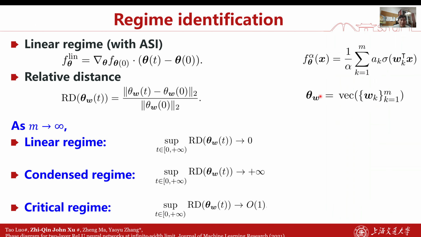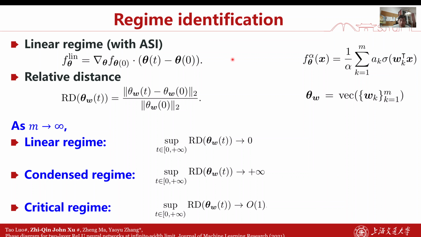So what is linear? Linear means the network can be effectively approximated by the first order Taylor expansion. This is the gradient of the network with respect to the initial parameters, and that is the difference of the trained network parameter with respect to the initial parameter.